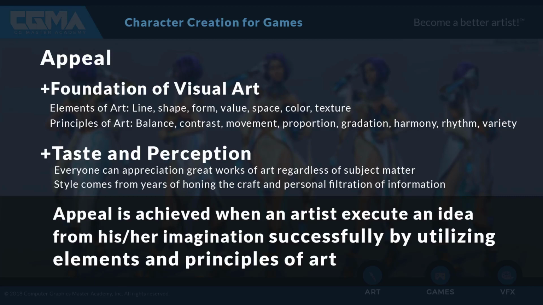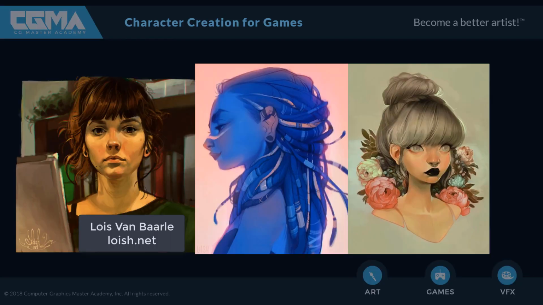If you look at Loish's work, she is a well-known illustrator and her style is instantly recognizable. But if you look at her older works, they look just like any other illustrator's work. It is through years of experience and years of perfecting her skills that she was able to create an iconic imagery that everybody can recognize as her own.